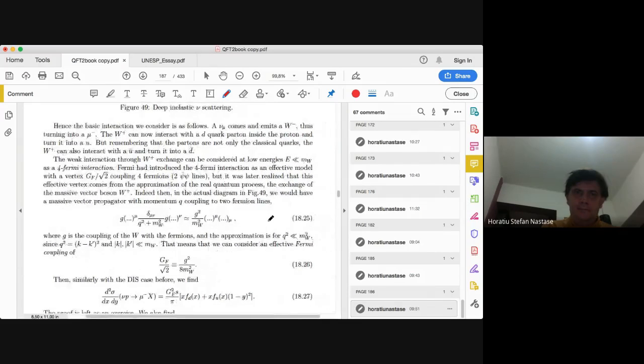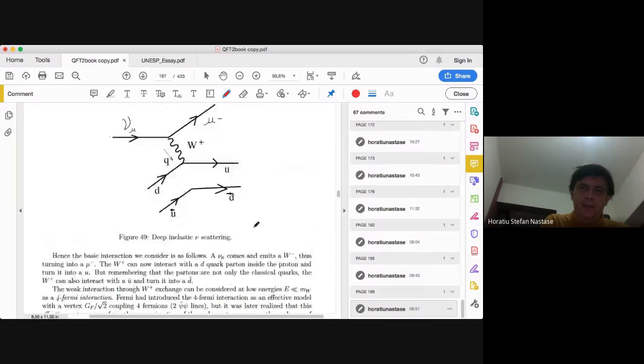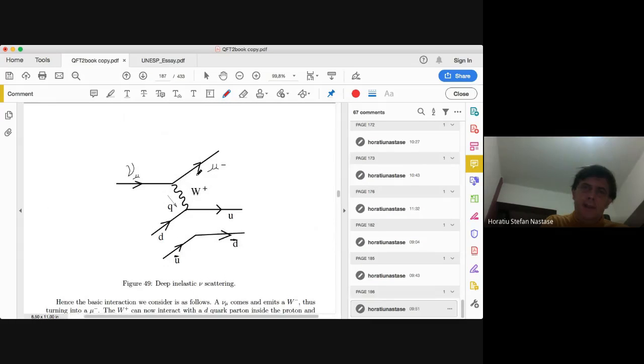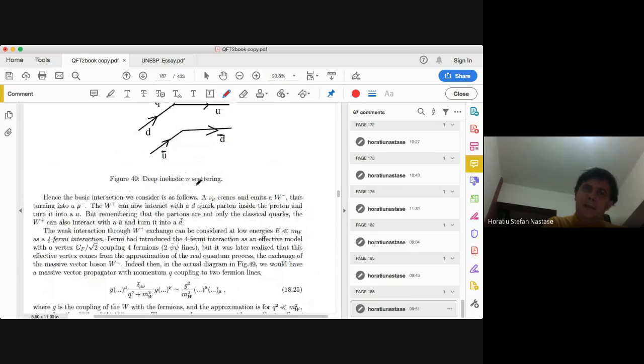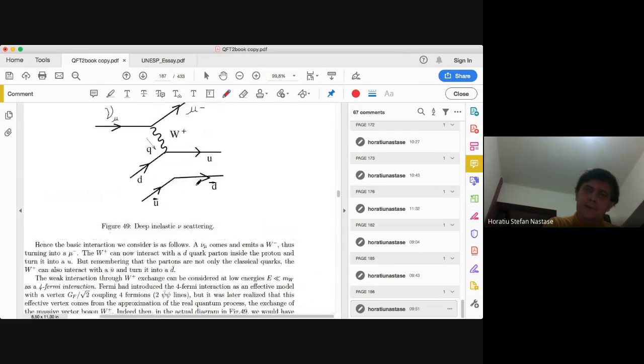Now, what's the weak interaction? So I said the weak interaction in here is understood as this W plus particle that turns a member of a doublet into another.